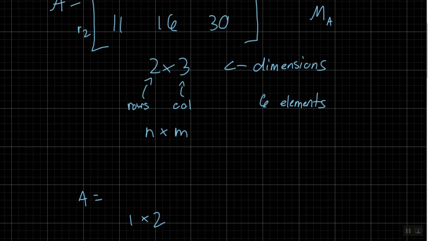I want you to make me a matrix that's 1 by 2. This is just what a matrix is. Write it. Make me a 1 by 2 matrix and then make me a 2 by 1 matrix. I want you to do 2. Make this B. Matrix B.